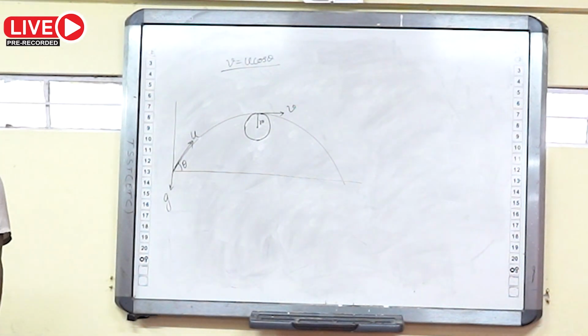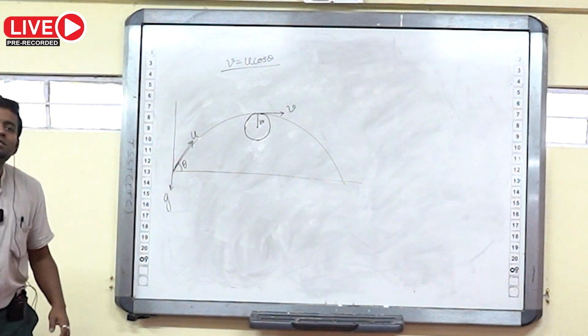So the gravitational force at the topmost point is also mg. Then what is the acceleration due to gravity at the topmost point? mg by m, that is g. Acceleration due to gravity at the topmost point is also g.